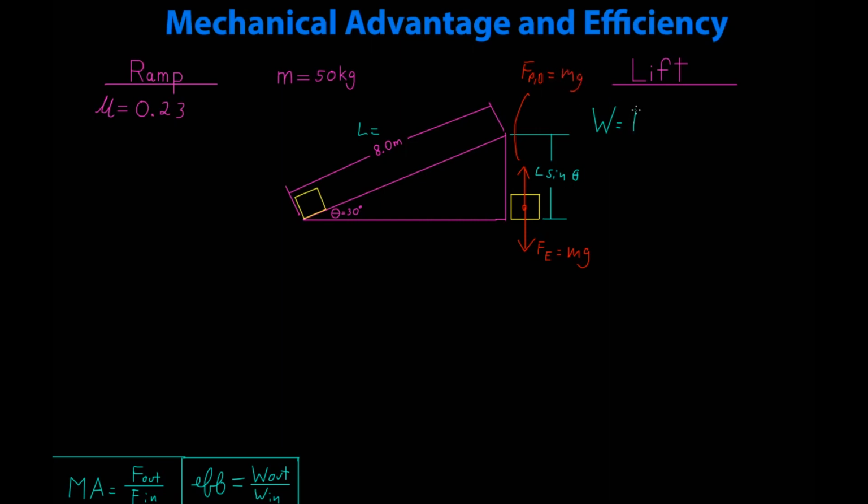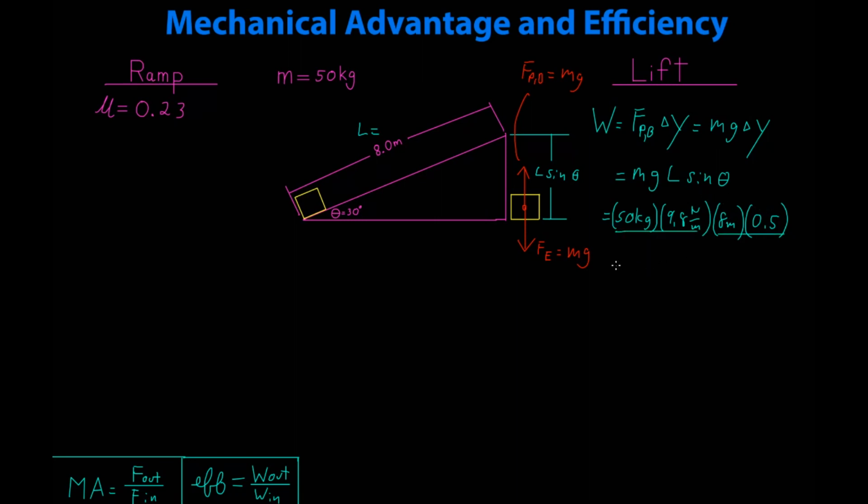Work, therefore, is force person on box times change in height, mg times change in height, which is the formula for change of gravitational potential energy. Expanding this, I get mg L sine theta, which is 50 kilograms times 9.8 newtons per kilogram, times 8 meters, which is L, and 0.5, which is sine 30 degrees.